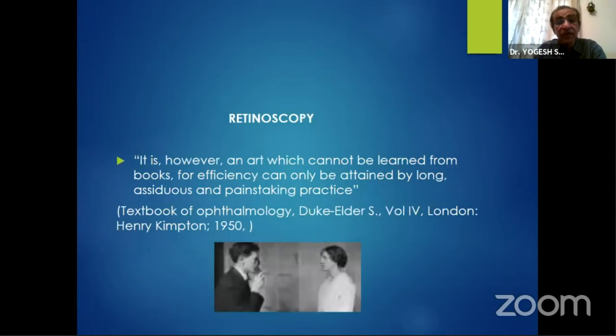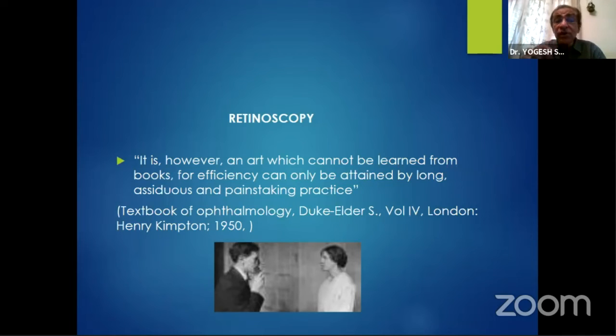Now this is from my book, in what age what has to be given. We'll skip that. Now retinoscopy, as I told you, is an art. It is an art which cannot be learned from books. That's why I am here. That's why I wrote that book on refractive management of refractive errors, especially for all ages, but more impetus has been given to children.